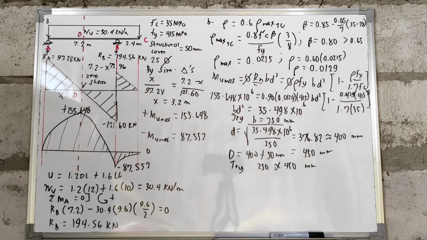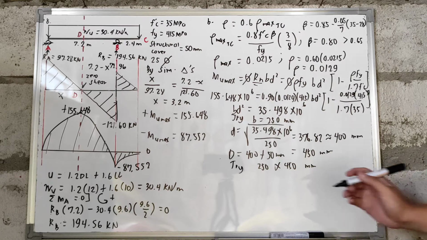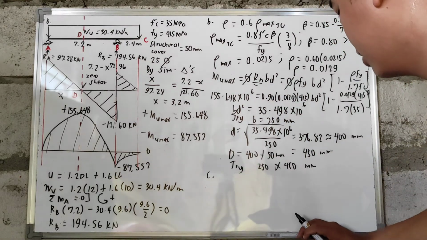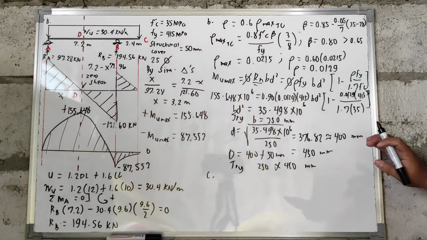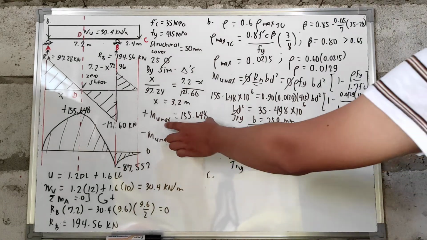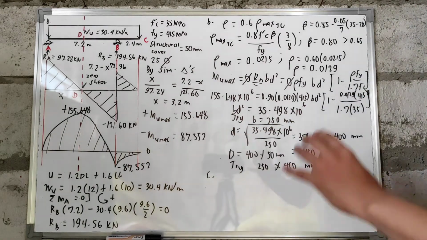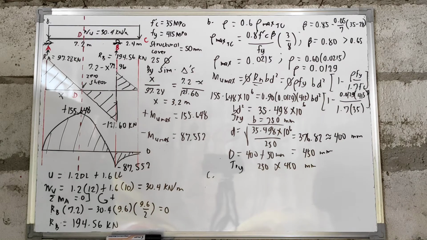And for the next step naman, we're going to provide reinforcement naman to our positive and negative moment. So dito dinesign na natin yung cross-section ng beam natin based dun sa maximum moment natin na 155.648.